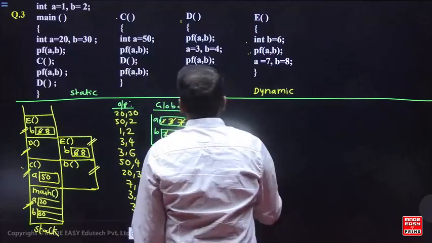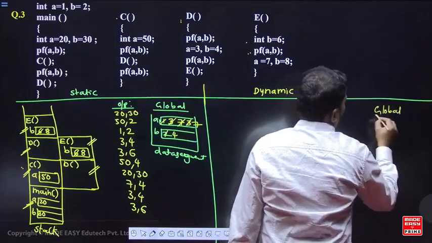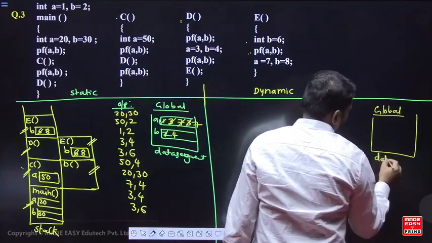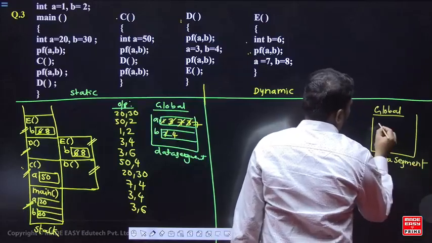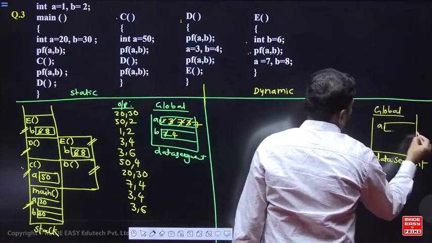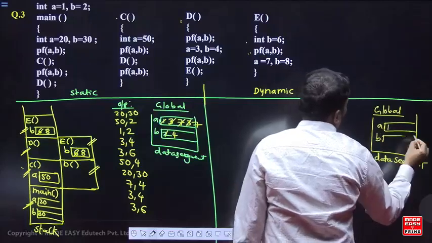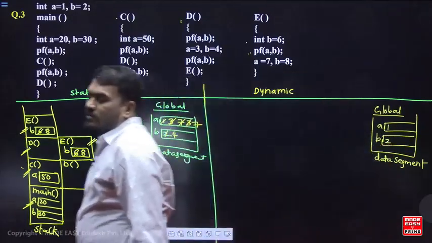First, for the global variables, memory is allocated in the data segment. So here is the data segment. What are the global variables? a equal to 1, b equal to 2.